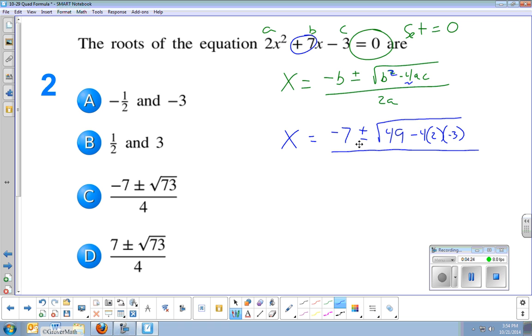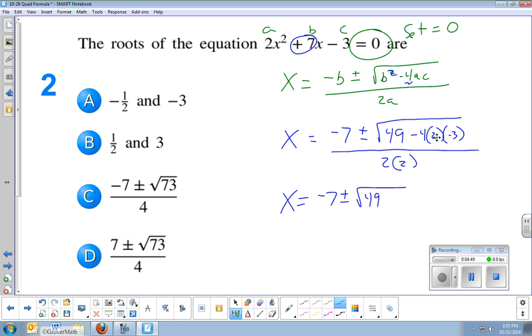All of this over, not the x equals, but all of that over 2 times a. And that's going to be 2 times our a term, which again is 2. And so let's clean up a couple of things here. That's negative 7 plus or minus the square root of, what you want to do next is not touch the 49. You want to do the negative 4ac part.